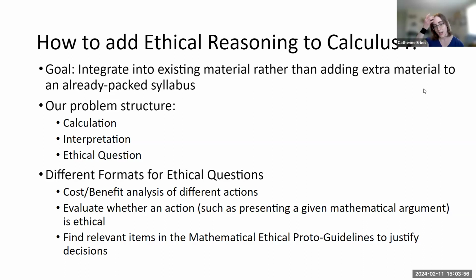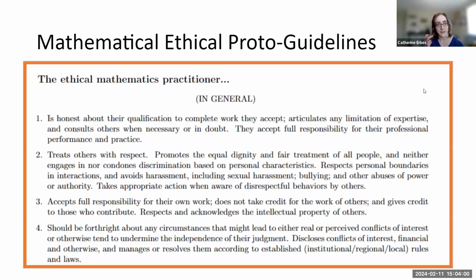The proto-guidelines are being developed by the PIs of this NSF grant: Catherine Buell, Victor Piercy, and Rochelle Trachtenberg. They have been working for several years building up this set of guidelines, because there isn't a code of ethics for mathematical practitioners.